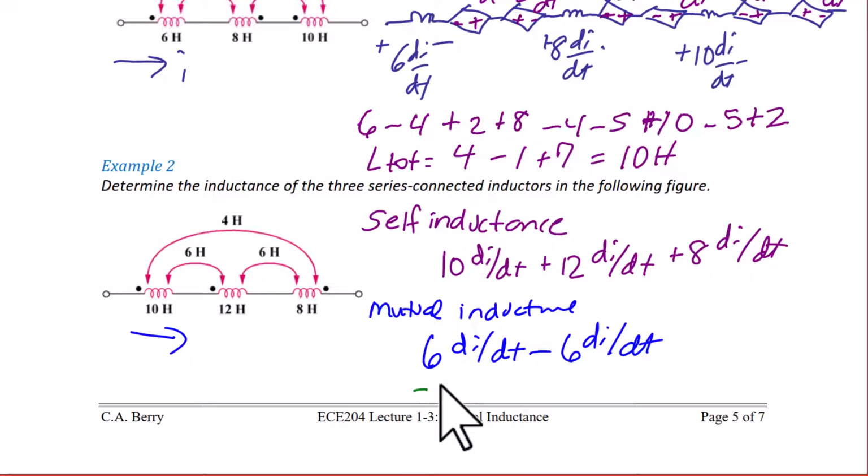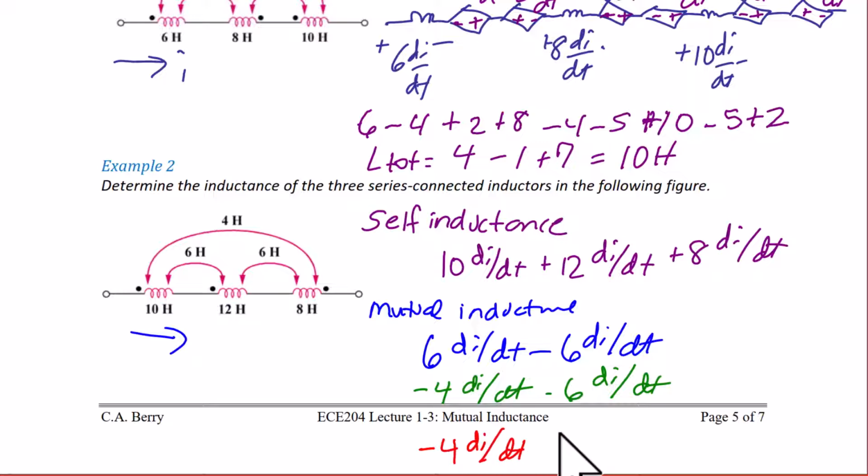Next, we're going to find the mutual inductance for the 8 Henry. That's minus 4 di/dt and minus 6 di/dt. And then for the 10 Henry inductor, the mutual inductance is minus 4 di/dt plus 6 di/dt. And now we're going to add them all together.